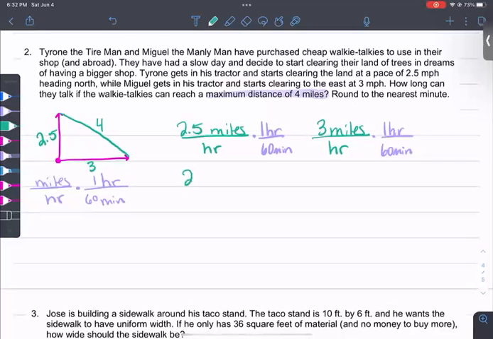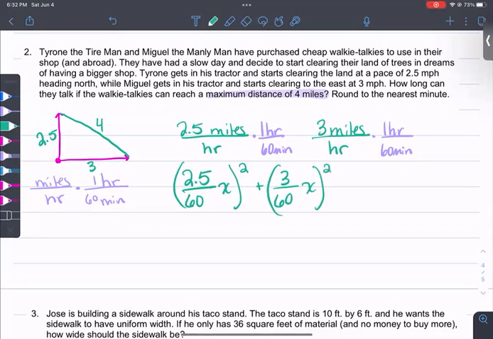So we would do 2.5 over 60 x for the distance traveled by Tyrone, plus 3 over 60 x for the distance traveled by Miguel, because they're traveling the same amount of time.